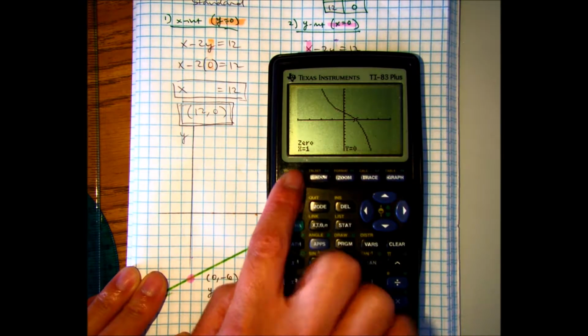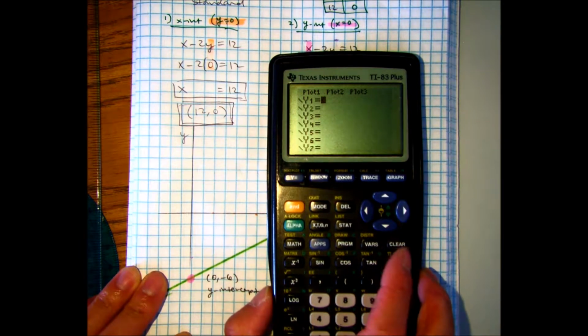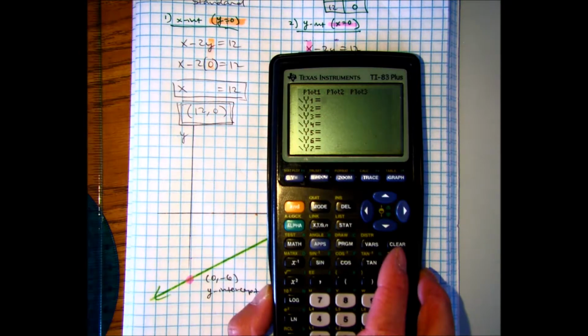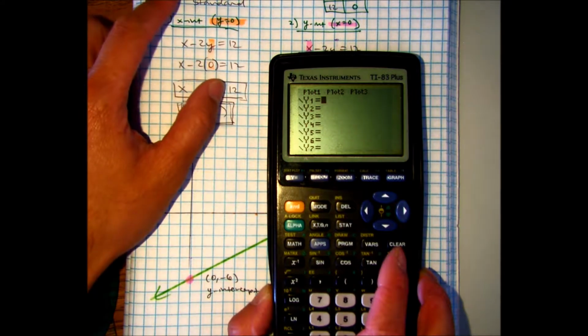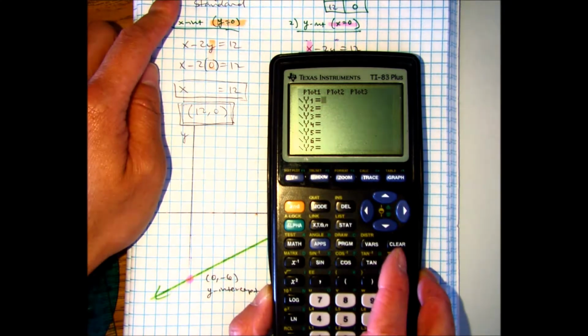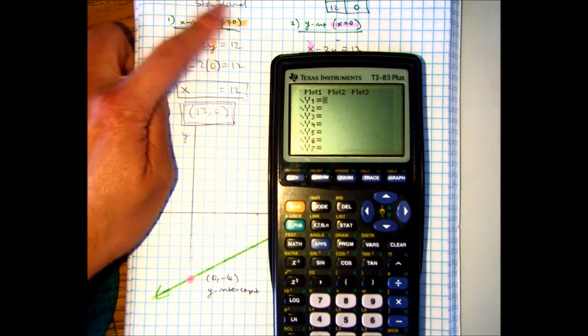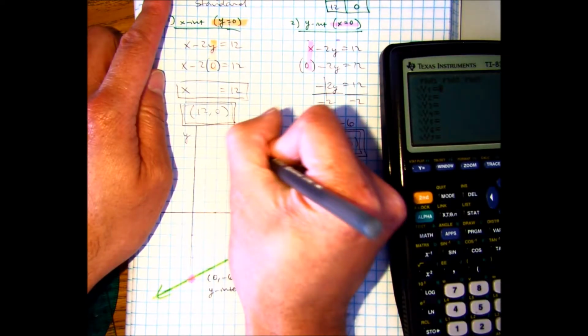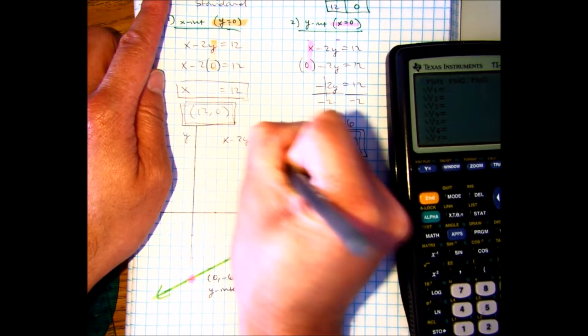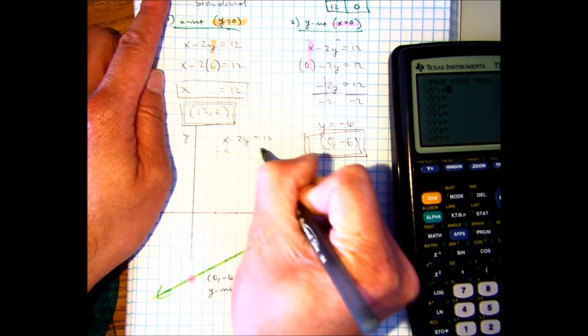Go to y equals, clear it out. Remember, you can't put this in standard form, so you're just going to have to transform that. So if I subtract x from both sides, let's do that really quickly. Subtract x.